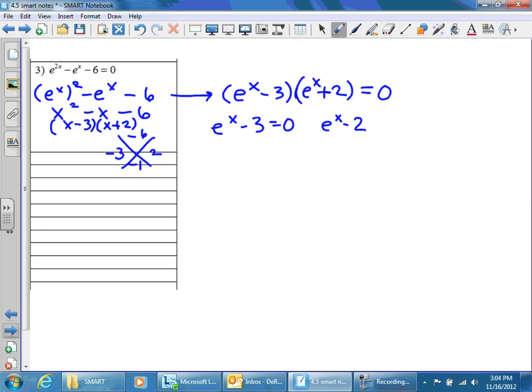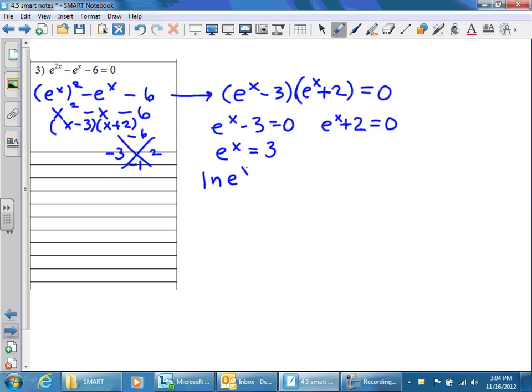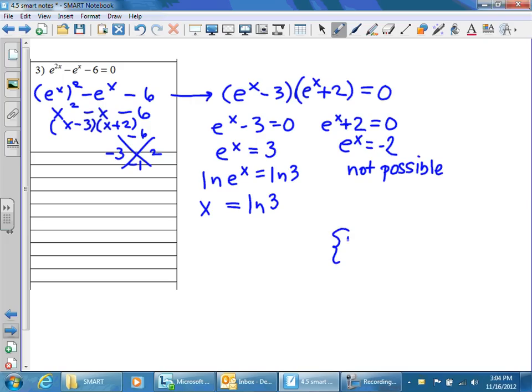That one was a plus 2. I'm just all over the place right now. Okay. And solve. And I got the ln of 3. See what you guys got.